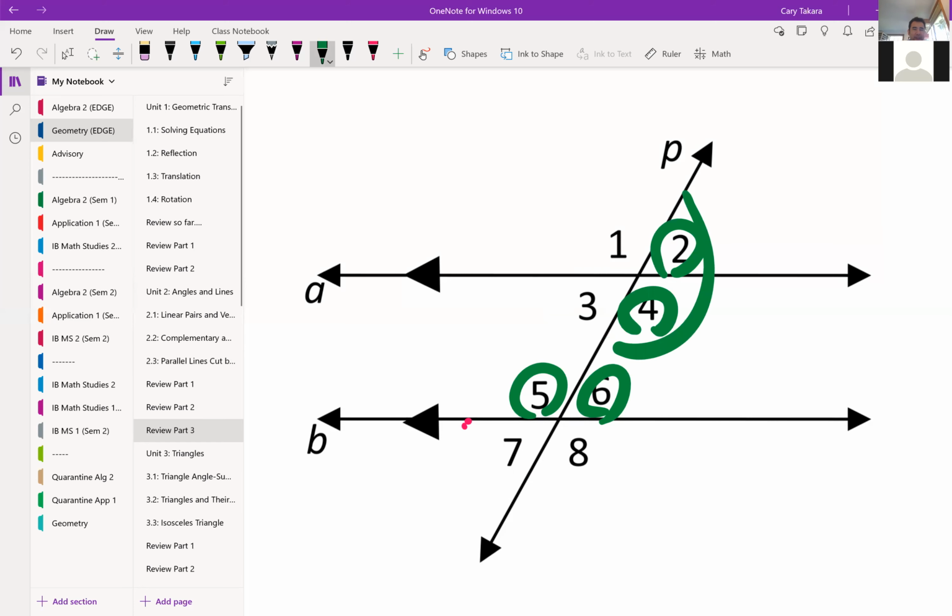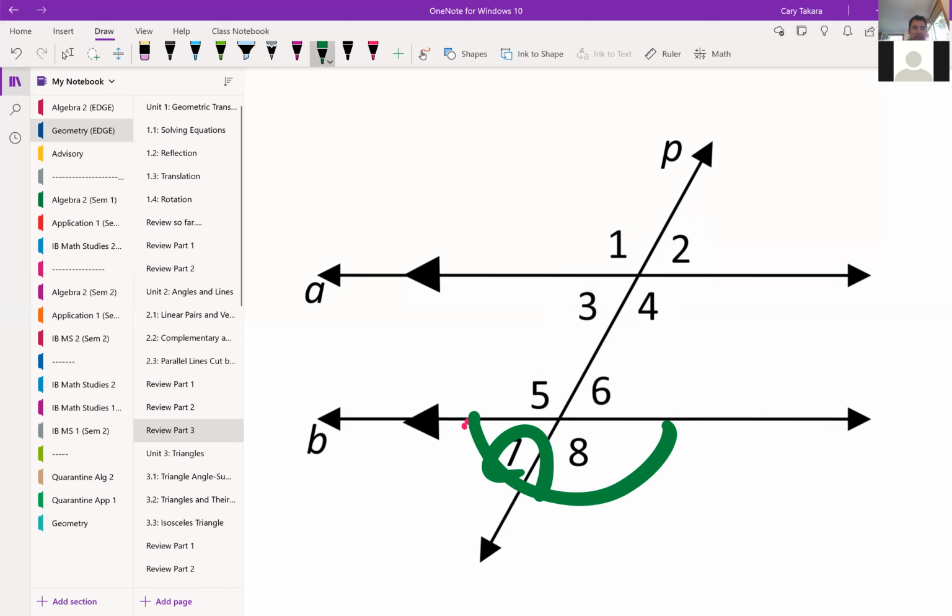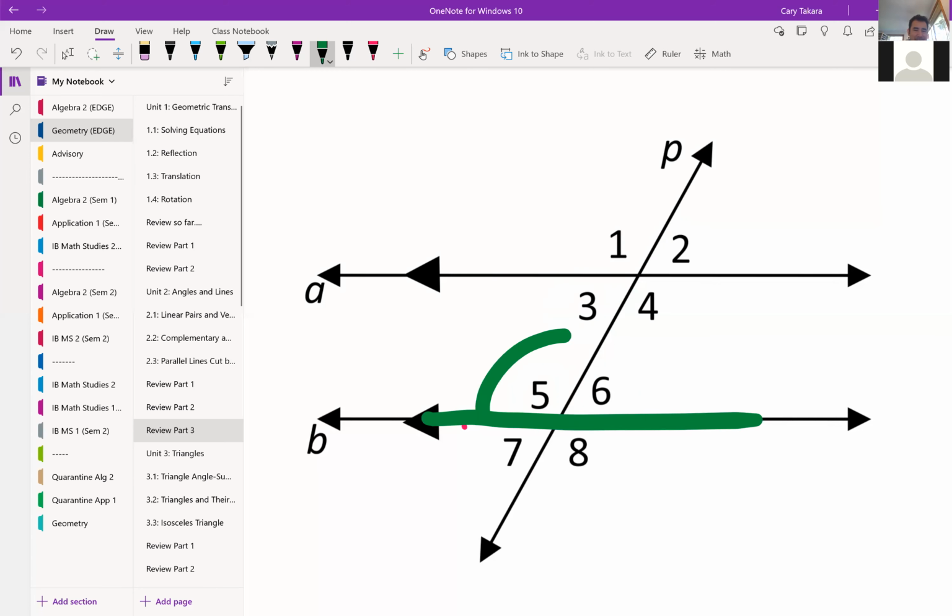That would be a linear pair. 7 and 8, that's a linear pair, right? It could be everywhere, right? As long as it forms the sunset, sunrise, like 5 and 6. That's a linear pair. Okay, very good. This is very encouraging. Looks like you're on top of it.